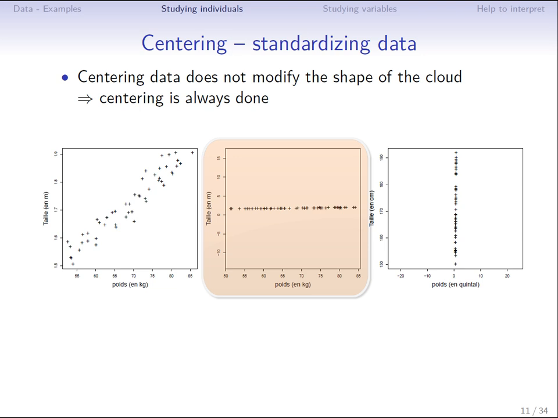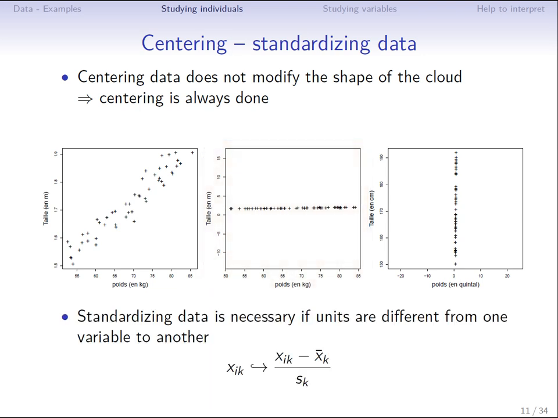The shape of the cloud is very different from the previous one because we have a very elongated and horizontal cloud of points. And we said that we wanted to study the shape of the cloud of points. We see that according to the chosen units, quintals and centimeters or meters and kilograms, the shape of the cloud is very different. How can we handle this?